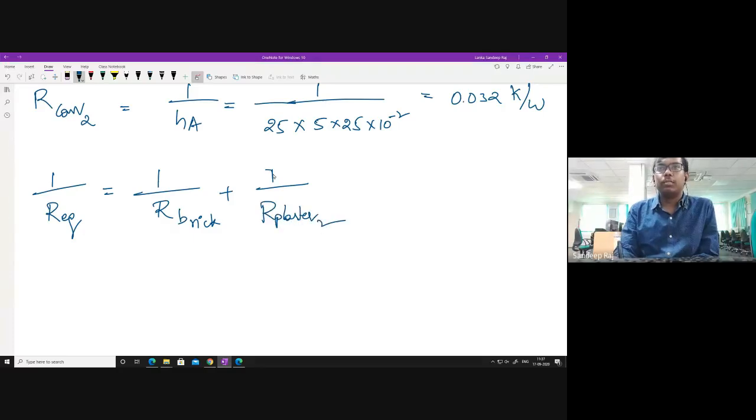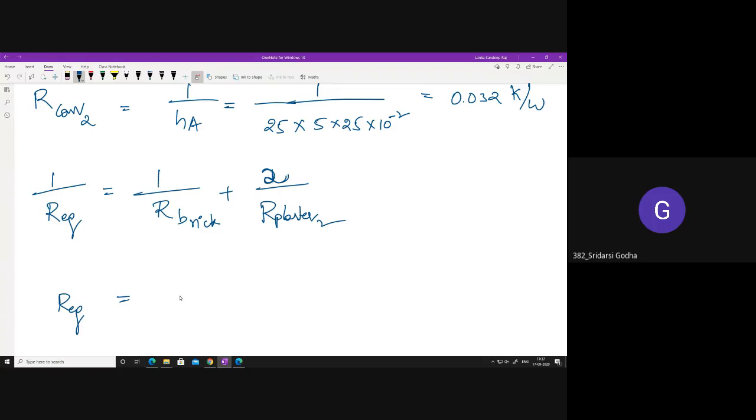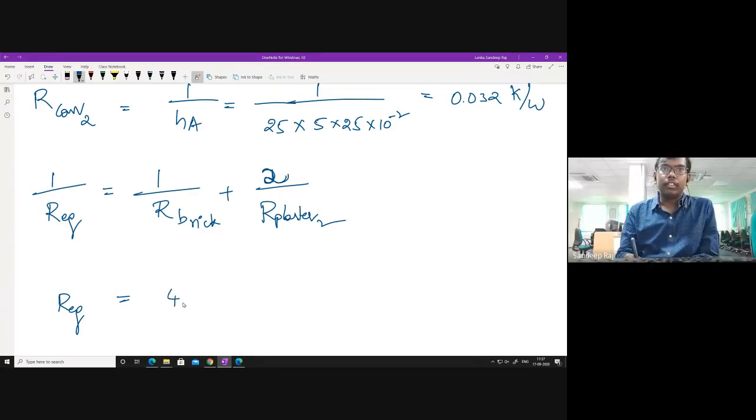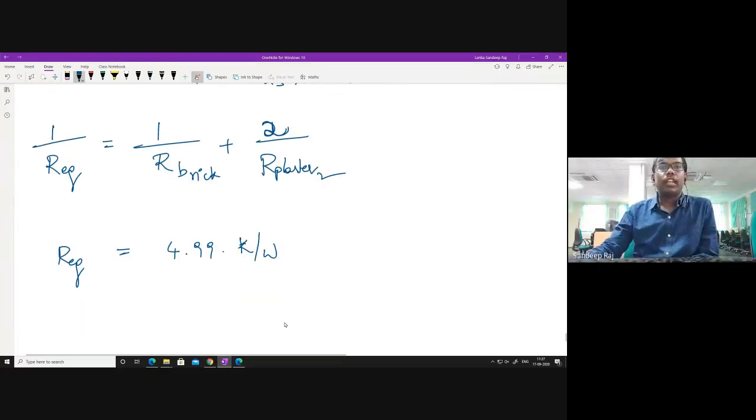Since this is 2 times, I can put 2 here. So this value, R equivalent, you have calculated 4.99. You can substitute all the values and you will get this.